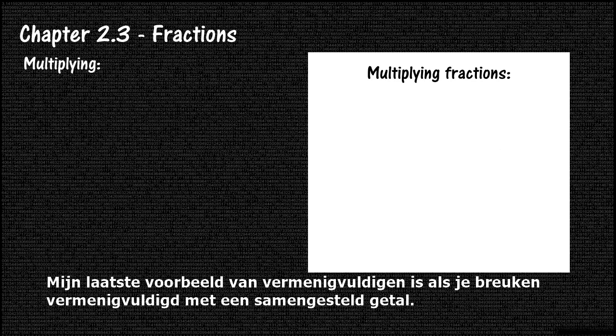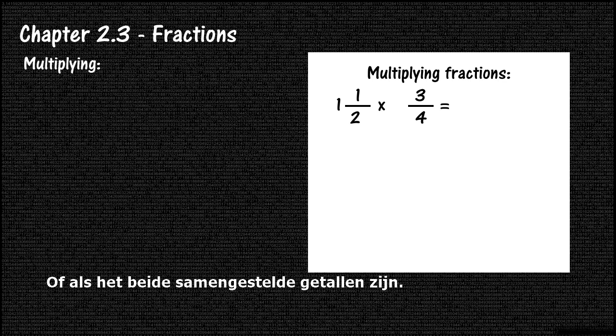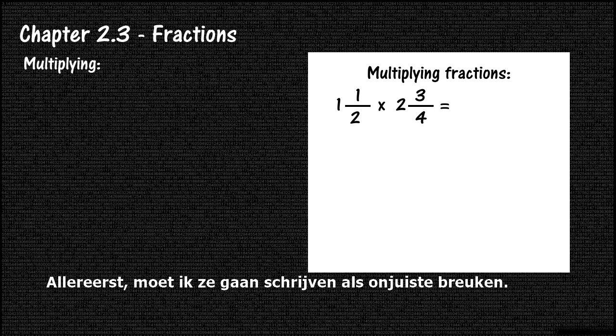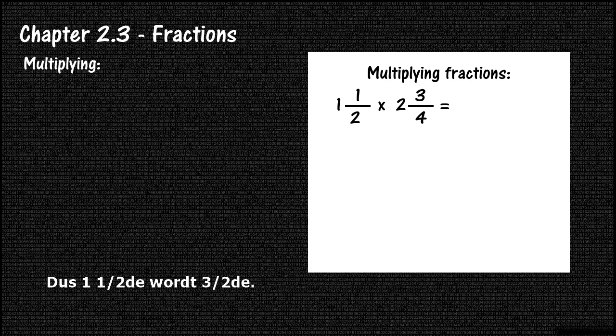Final example of multiplying is when you multiply a fraction with a mixed number, or if both of them are mixed. With this exercise, I can just multiply the numerators and the denominators with each other. First, I have to turn all of them into improper fractions. So 1 1/2 becomes 3 over 2.